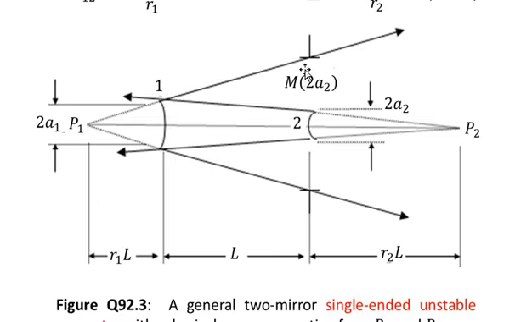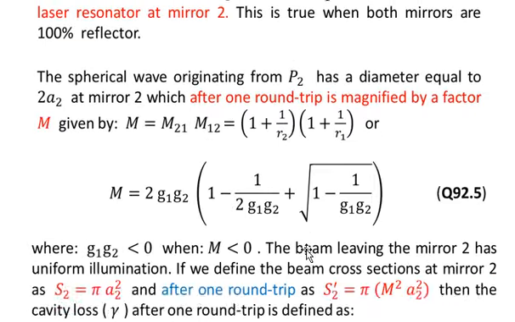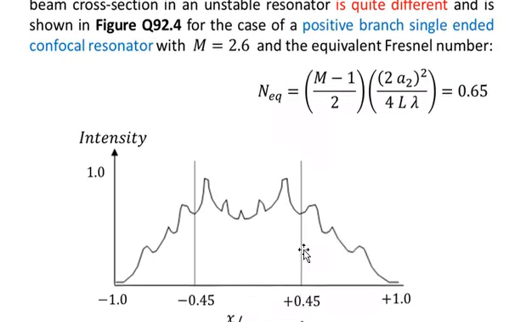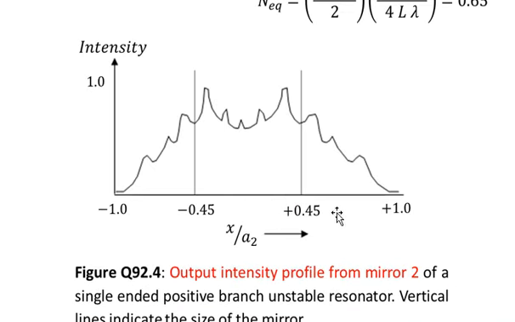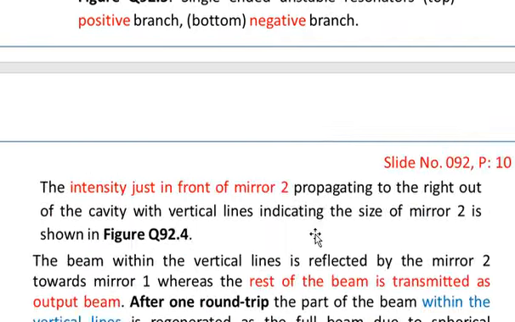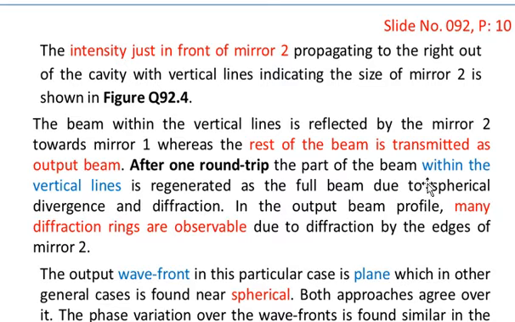So this is the full aperture starting from here and ending over here. And this is the size of the aperture of mirror 2, which we have represented as the two vertical lines in figure number 4. So we are giving this description about figure 4.